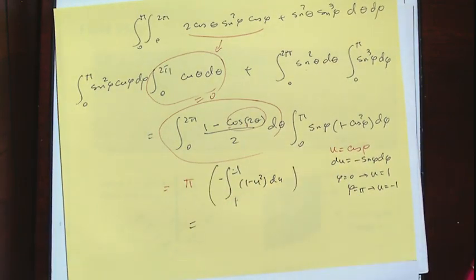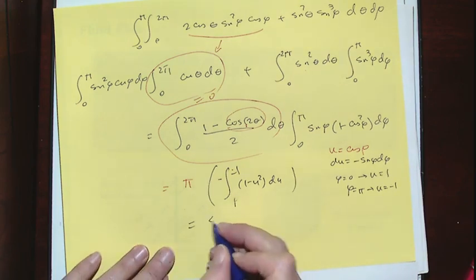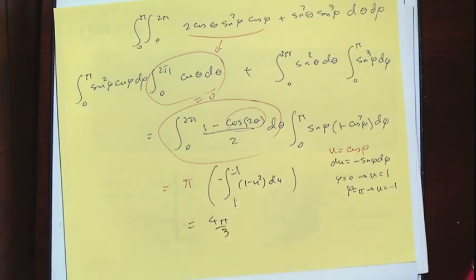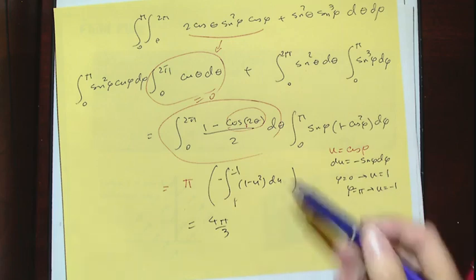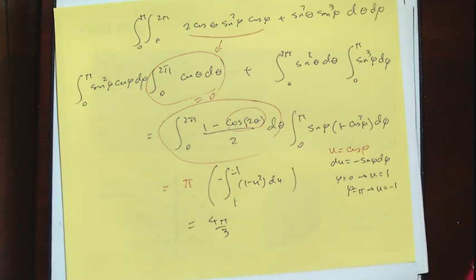And then you compute that, and you end up with 4 pi thirds. We're good? Yeah. So you have to compute the last piece on your own a little bit, right? The negative sign swaps the bounds, basically.